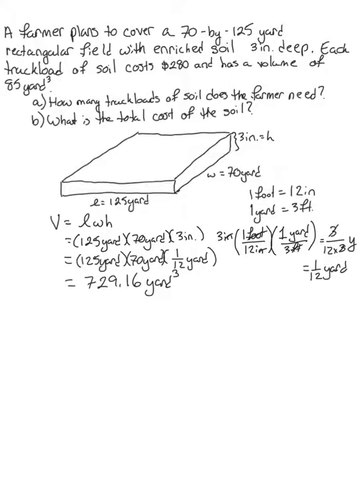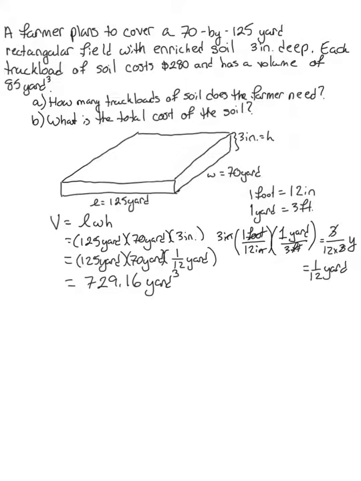So that's the volume, but that's not the answer to the question. The question is, how many truckloads of soil does the farmer need? So we need to convert cubic yards into truckloads, because in our problem statement, it says each truckload of soil costs $280 and has a volume of 85 cubic yards. So we can say that per truckload, we have 85 cubic yards.